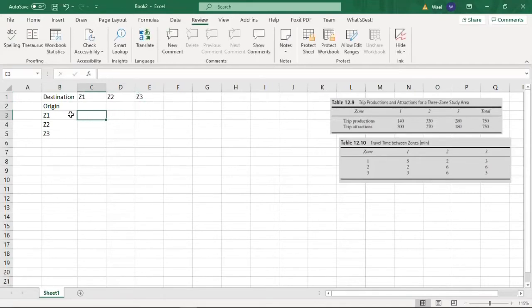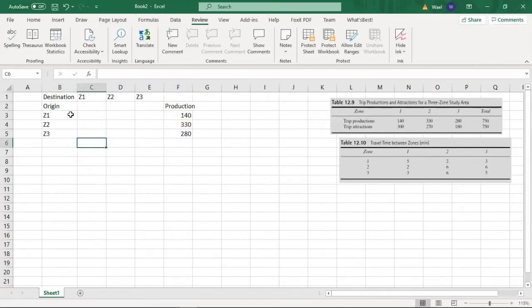And for these origins, this is the production. For zone 1, we have 140 production. Zone 2, we have 330 production. And zone 3, we have 280 production.